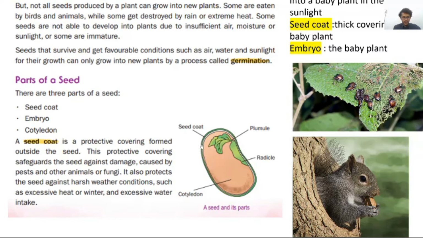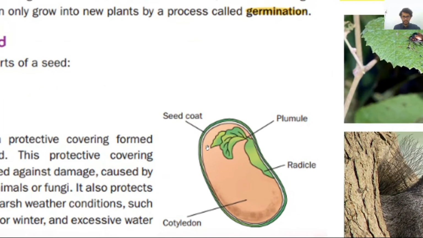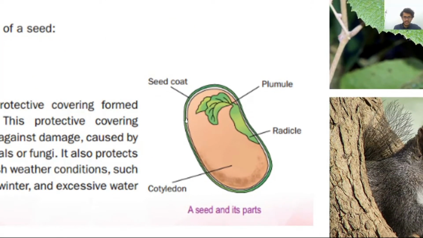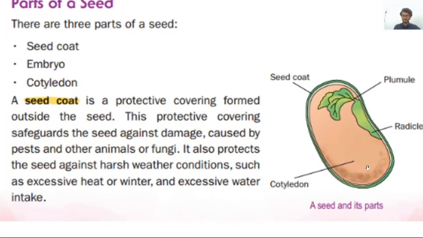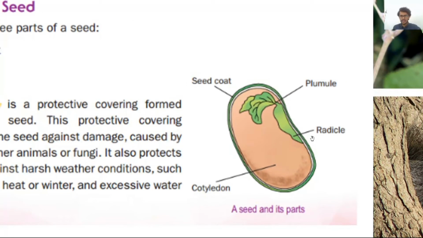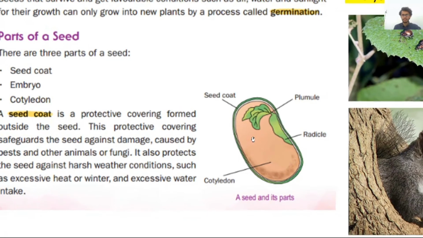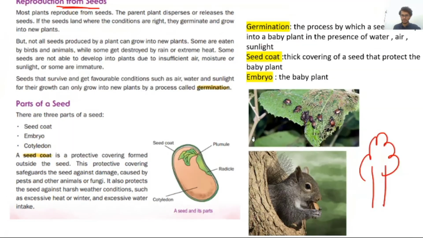Let me zoom in a bit more. This green outer part is called a seed coat. This pink part is called a cotyledon. Don't worry, we don't have the embryo in this picture, but I will show you the embryo in the next picture.